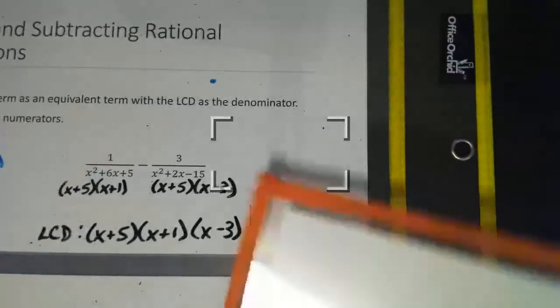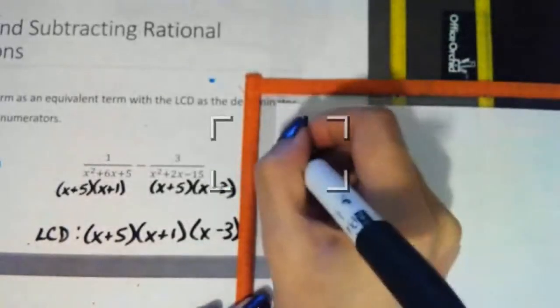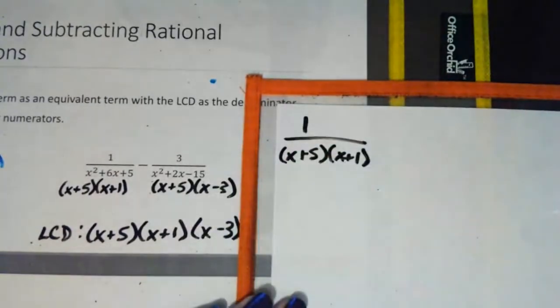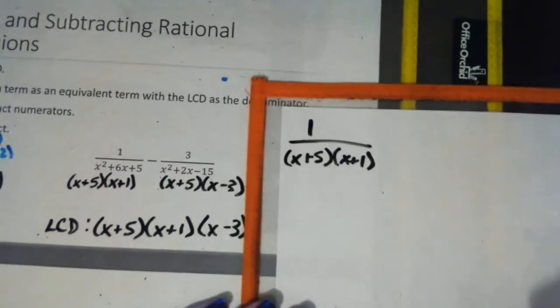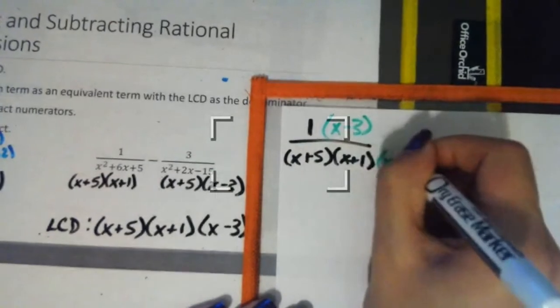So let's see what happens. My first fraction is already 1 over (x plus 5) times (x plus 1). What it's missing from the least common denominator is the x minus 3. So I'm going to multiply by x minus 3 in my numerator and denominator.